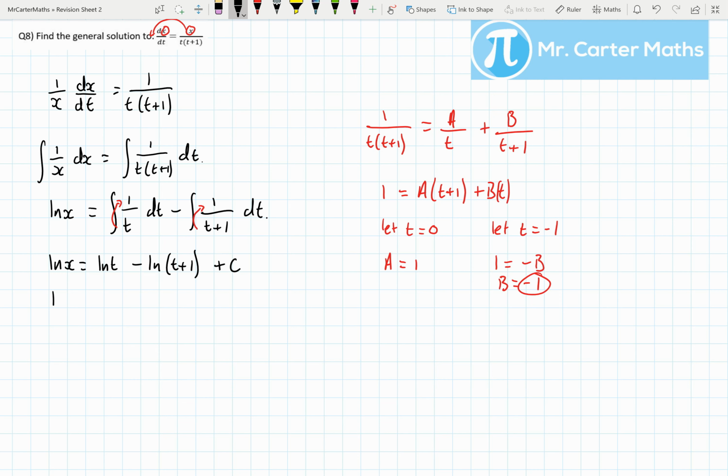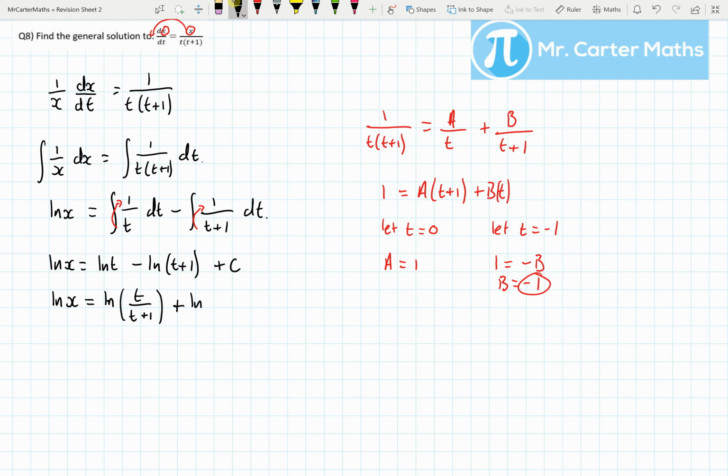I'm going to go ahead and say ln x equals ln of t over t plus 1. I'm also going to recognise that, with the plus c, because it's just a constant, I could write that as some log.